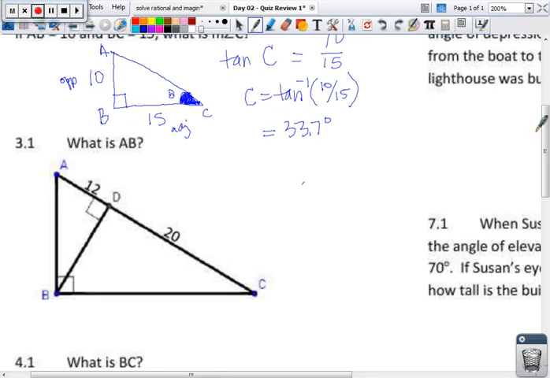Okay, on 3.1, we're looking for the length of AB. We know this much is 12, and we know that much is 20. Because we have right triangles with right triangles, we're going to set up and solve a proportion. In fact, this is going to be a non-altitude proportion. For those that have watched the video about special right triangle similarity, a non-altitude proportion says you take the hypotenuse and divide it by the leg.